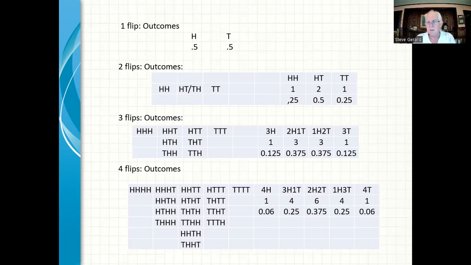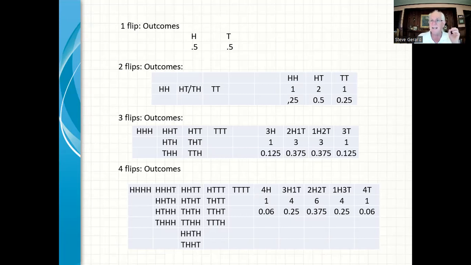You go, well, which one of these categories down here would count on that? Well, the center one would be 2 heads and 2 tails. And the 3 heads and 1 tail, I still would have at least 2, so that would count on it. And the one with 4 heads would count on that also.